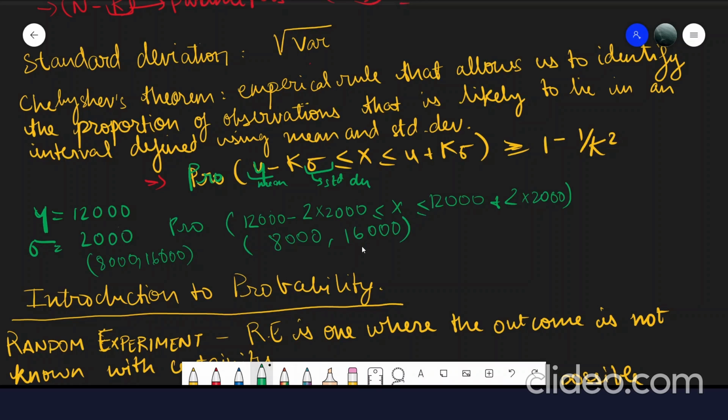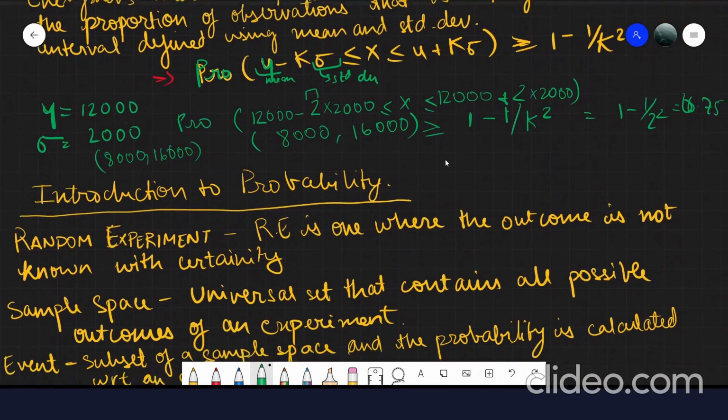I want to find the proportion of users between 8,000 and 16,000 dollars, and that is equal to 1 minus 1 by k square. Here we saw that k was 2, so this comes out to be 1 minus 1 by 2 square, which is equal to 0.75. So from this we can find out that about 75% of the population would spend between 8,000 and 16,000 dollars. So this is Chebyshev's theorem.